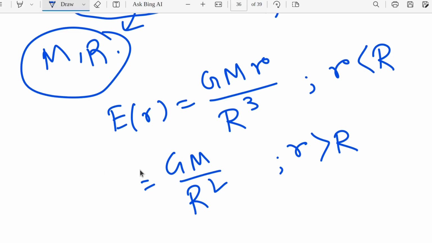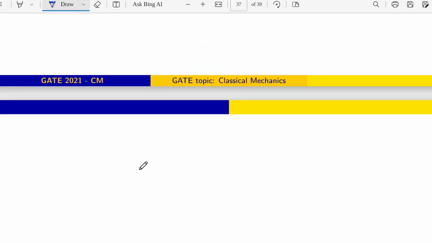So here we can have 2 values: GMr by R cube when r is less than R, and GM by r square when r is greater than R.